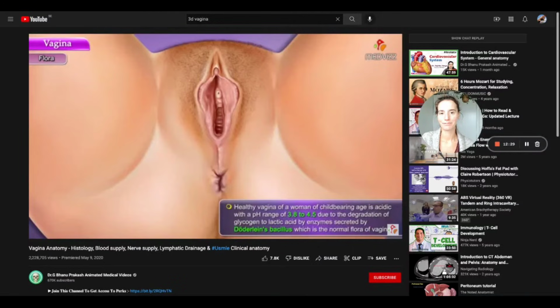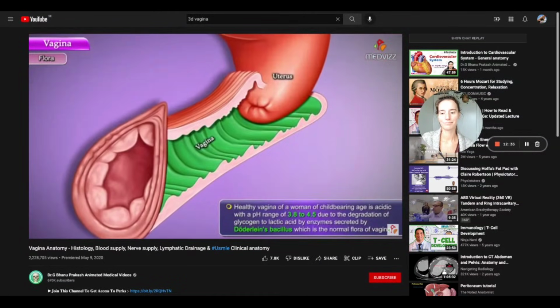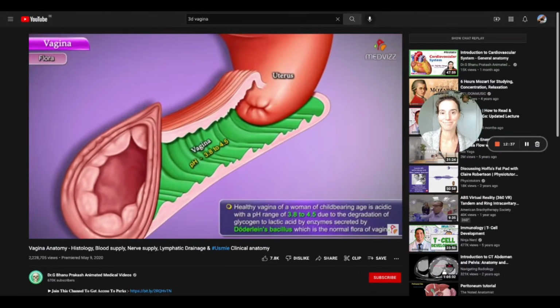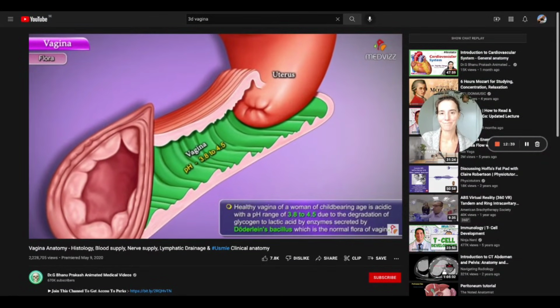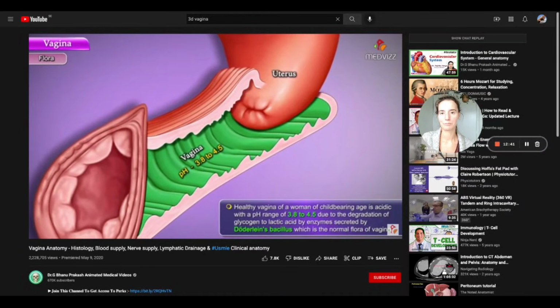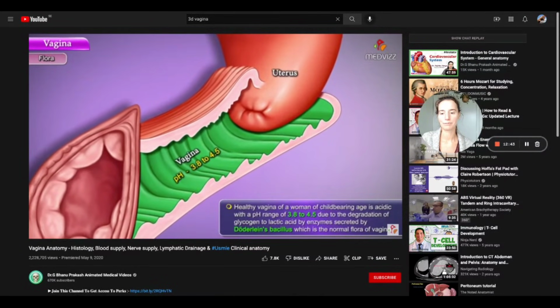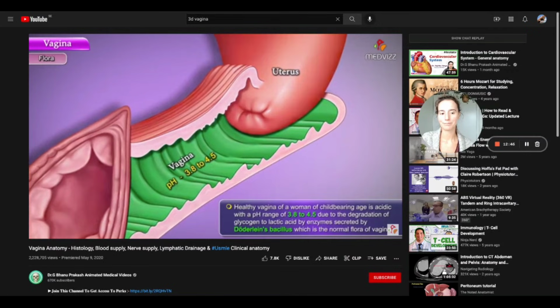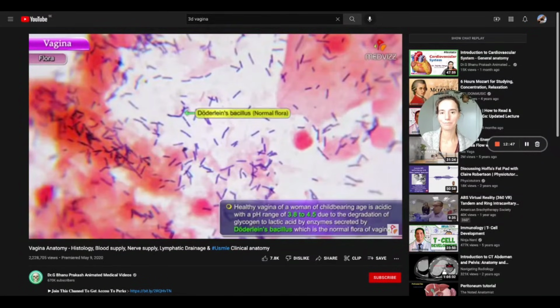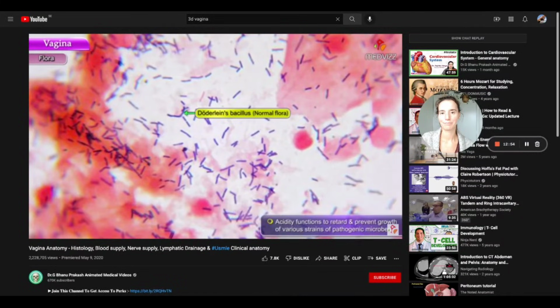A healthy vagina of a woman of childbearing age is acidic, with a pH range of 3.8 to 4.5 due to the degradation of glycogen to lactic acid by enzymes secreted by the Döderlein's bacillus, which is part of the normal flora of the vagina. The acidity functions to retard and prevent growth of various strains of pathogenic microbes.